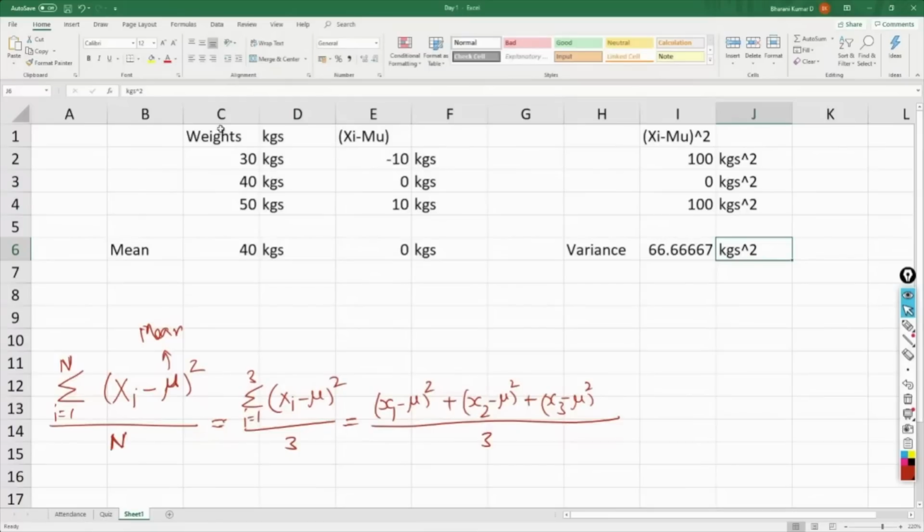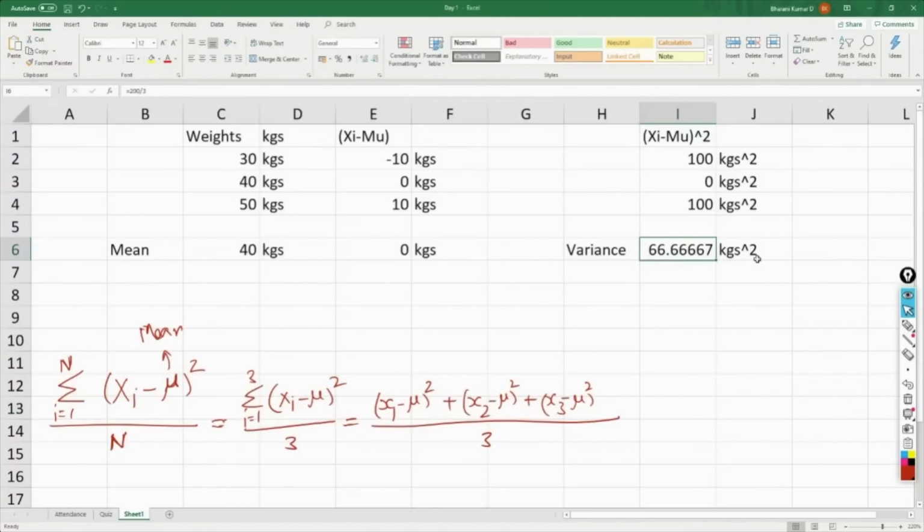If I ask you what is the variation among the salaries of your employees, if you say it is $1,000 square, how do I interpret that? Units are getting squared. And do you know what? 30, 40, and 50 are the weights. But how can you say that the variation among the weights is 66 kg square?